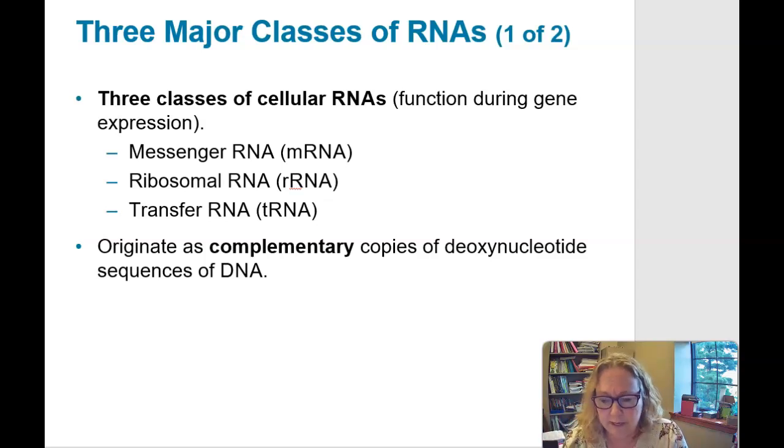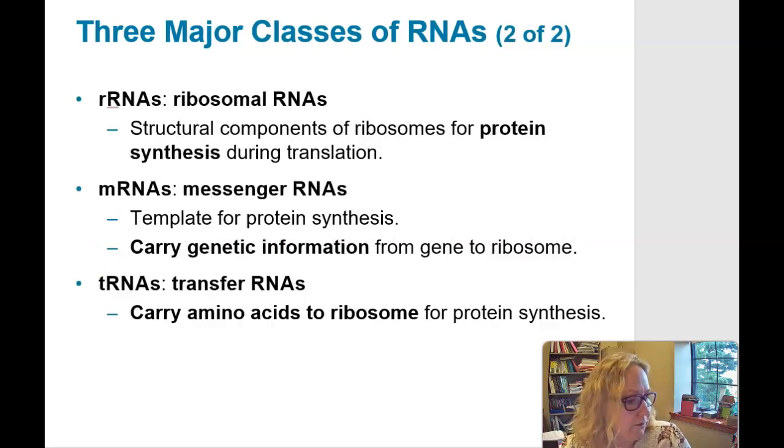It's just the 3 forms that actually get you from DNA to amino acids, the ribosomal, the messenger, and the transfer. This originated as complementary copies of the sequence of DNA. So the point of RNA is to get you from DNA to amino acids, and the intermediary there is RNA. That's what gets that done, the 3 forms.